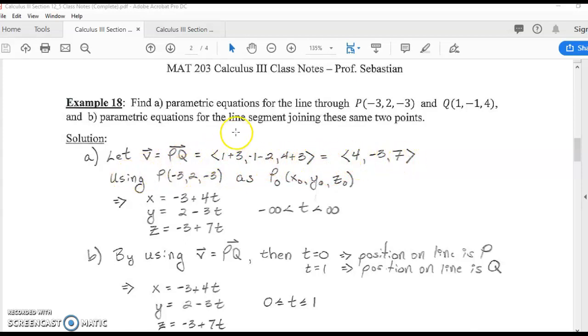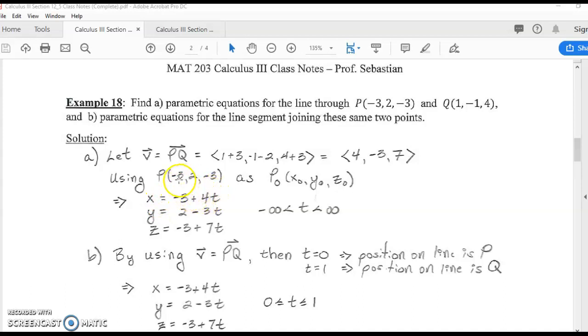And then using either one of those points, P or Q, as your point P naught with coordinates X naught, Y naught, Z naught, I'll use point P. You could use Q and it could look slightly different, but if you use P, it's going to be X equals X naught plus T times V1.